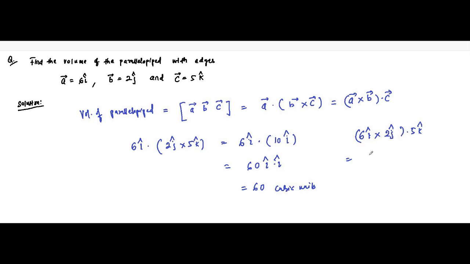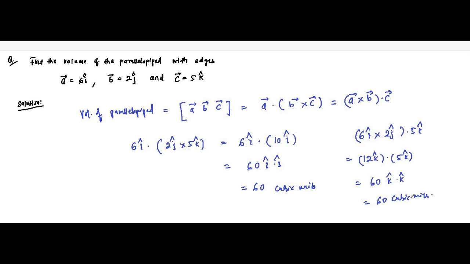Again, rule of cross products, this becomes 12 k cap dot 5k cap. So this becomes 60 k cap dot k cap. Again, unit vectors dot product, that is equal to 1. This becomes again 60 cubic units. So both ways you will get the same result.